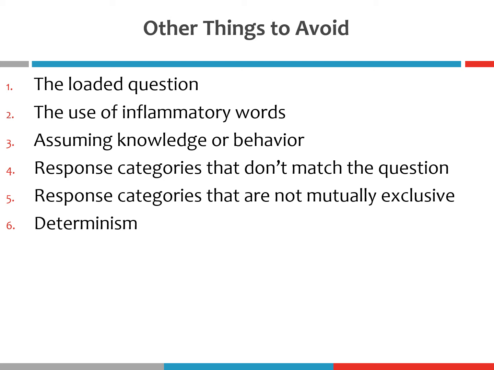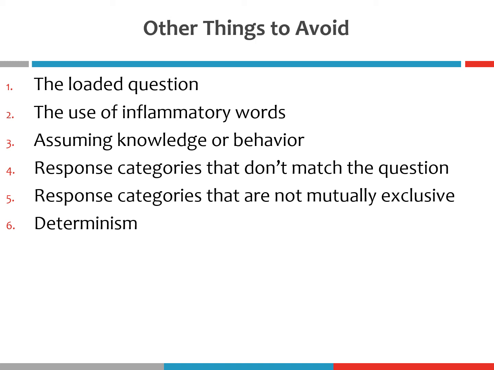Okay, so avoid determinism. Make sure your response categories don't overlap. Make sure that your response categories match the question. Don't assume prior knowledge or behavior on the part of your respondent. Don't use emotionally arousing words.